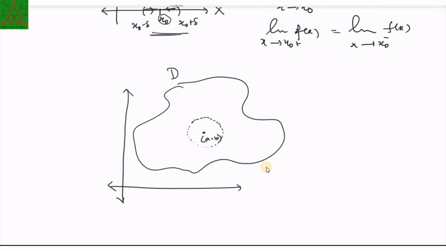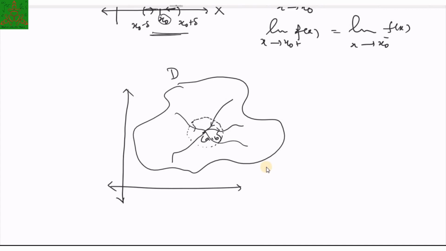But in the case of two variables, you have many paths through this point. You can choose this as one path, or this one as another path, so you are allowed to approach this way, or there is another path. So infinitely many paths are possible to travel to this point. So when you say a limit exists, it has to exist over all the paths, whatever the paths are.